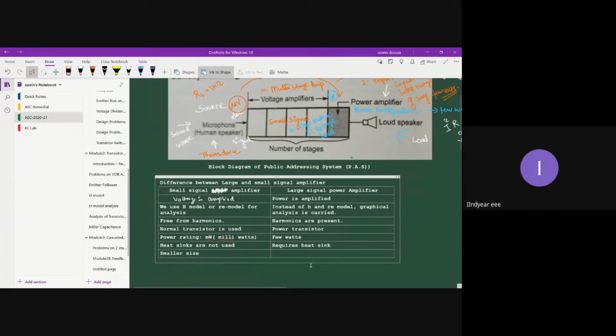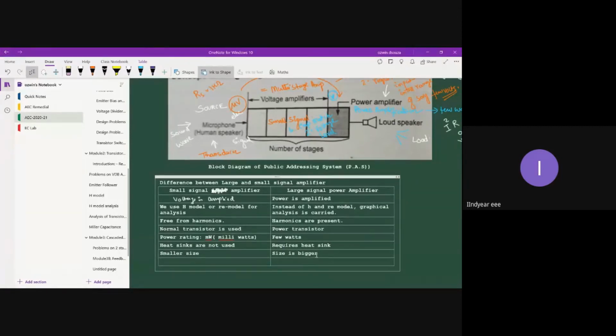On the other hand, since it is having heat sinks and it is also using a bigger transistor in order to cope up with higher power levels, and also it will have some transformers for impedance matching purpose, etc., all these factors will add up while deciding the size of the device. So basically, size is bigger.